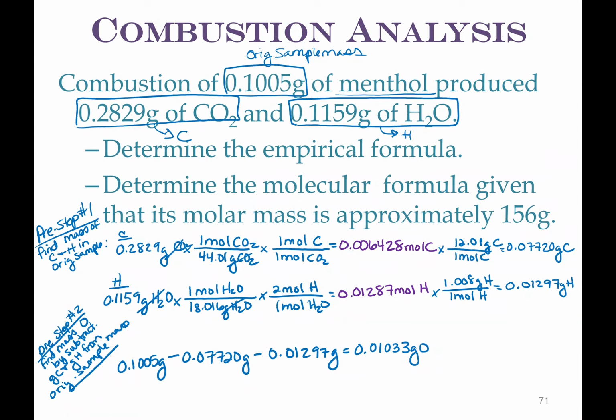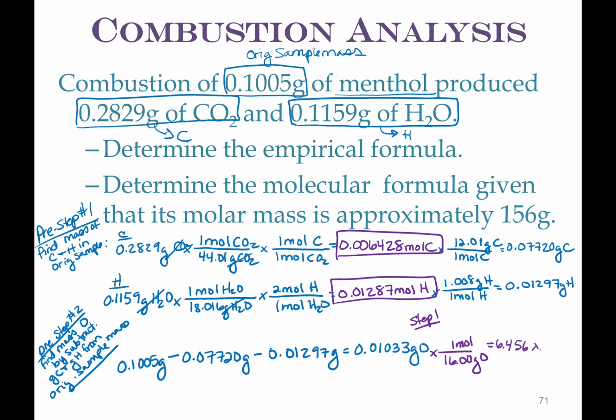And we have step number 1 done for hydrogen and for carbon. We need to do that for oxygen by dividing by 16 grams of oxygen for 1 mole. So we take the 0.01033 and divide by 16, and we get 6.456 times 10 to the negative 4th.